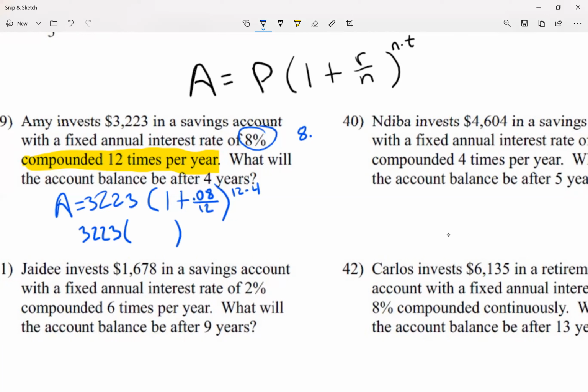I know I have to divide before I add. So I'm going to go 0.08 divided by 12 plus 1. I did the fraction first, so it's like 1.00 and then a bunch of sixes.